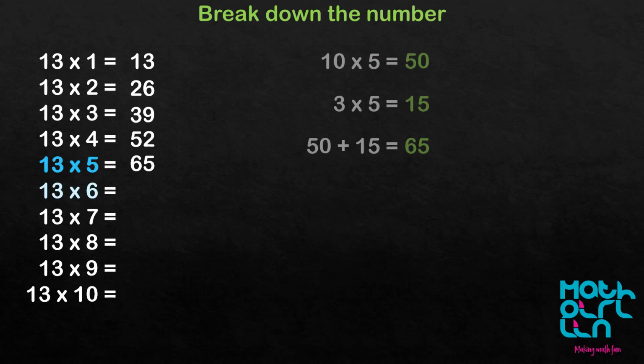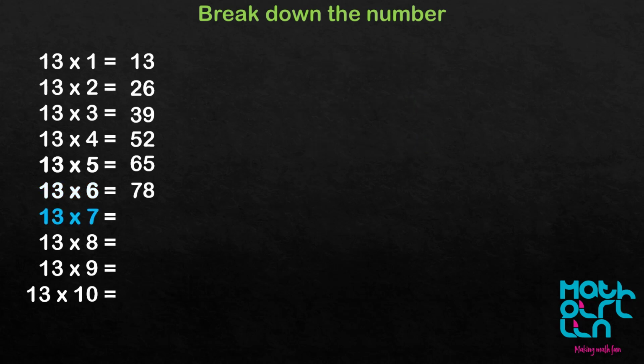13 times 6. 10 times 6 equals 60. 3 times 6 equals 18. 60 plus 18 is 78. 13 times 7. 10 times 7 is 70, and 3 times 7 is 21. The sum is 91.